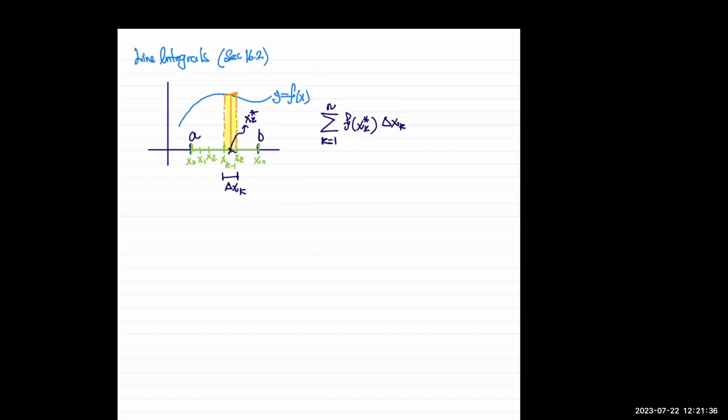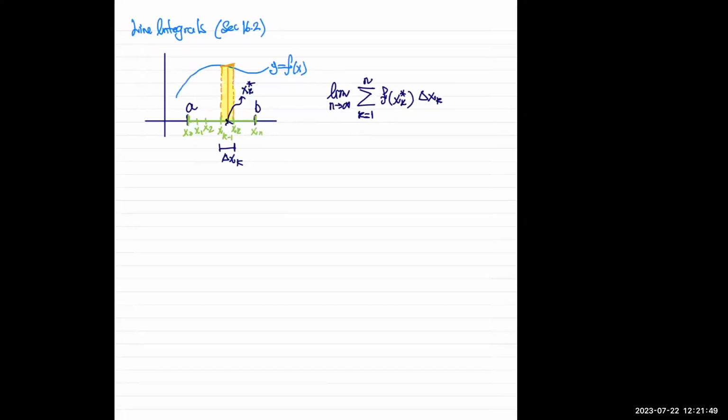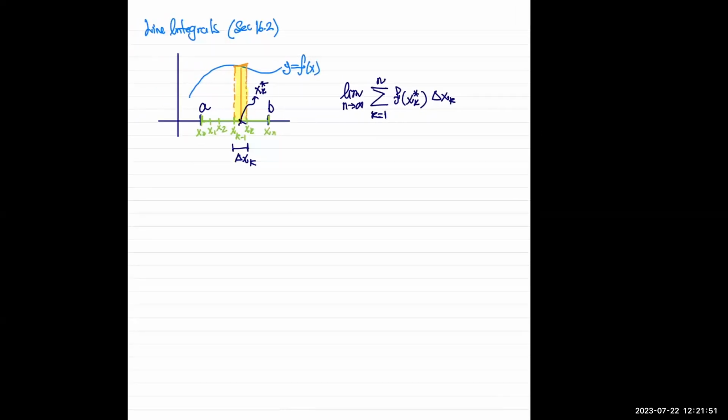And when you take the limit of this sum, the limit of the Riemann sum, you get the total area under the graph, which is defined as the definite integral from a to b of f of x dx. Okay, the limit of the Riemann sum is the definite integral of f of x over a to b.